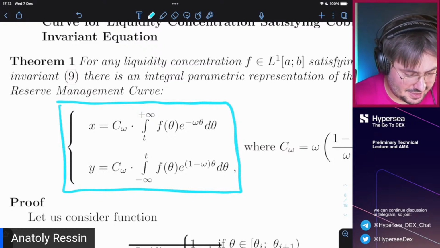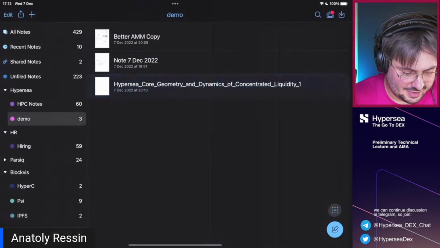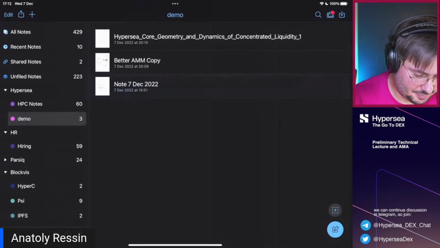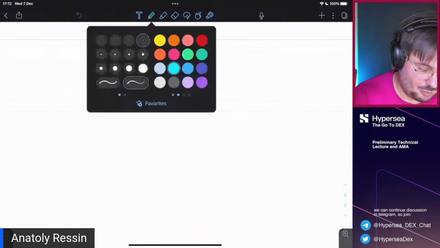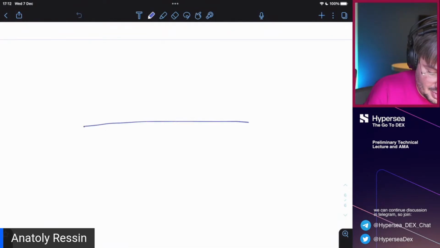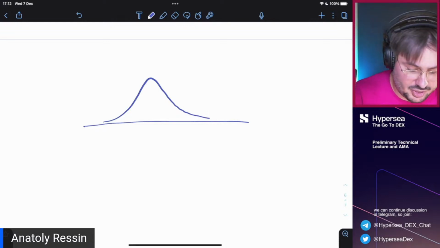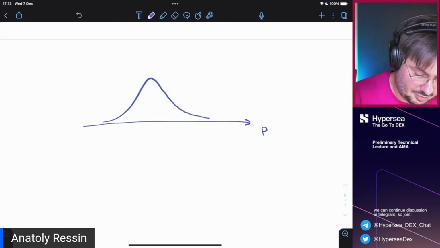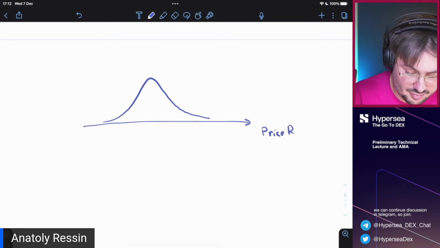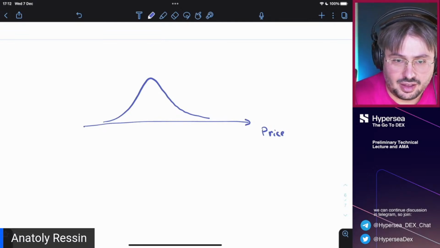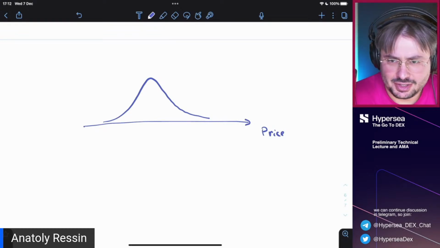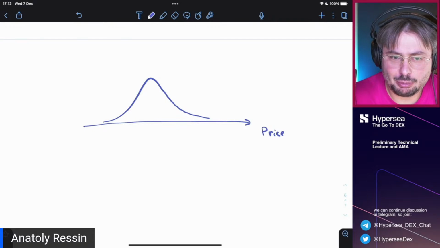And it is interesting that if we talk about how we should distribute liquidity in the price range, let's see, this is the price range. There is a direct and very simple answer.